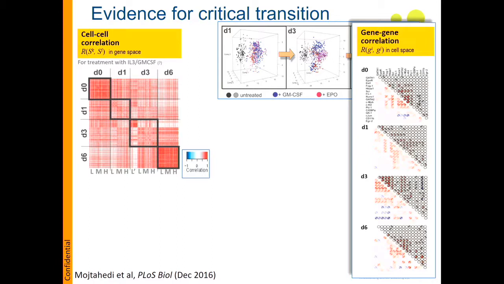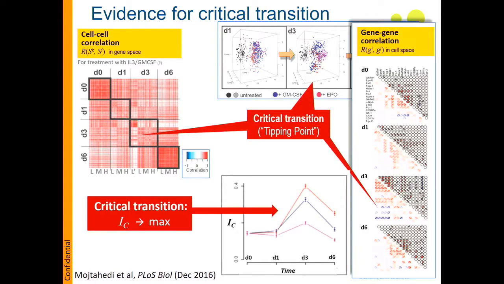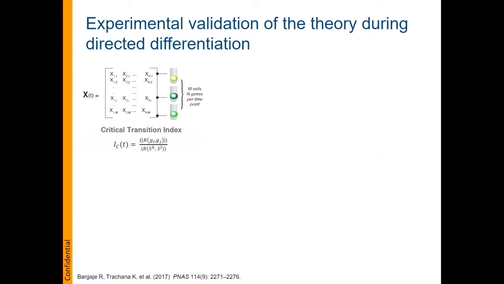At the gene-to-gene correlations, right now there is just one big blob, whereas at day 3, you start seeing a set of genes that are correlated and a set of genes that are anti-correlated. And in terms of the index itself, you see a very low index early on, and right before the critical transition, the index goes up. So you know when the critical transition is taking place with this kind of measure.